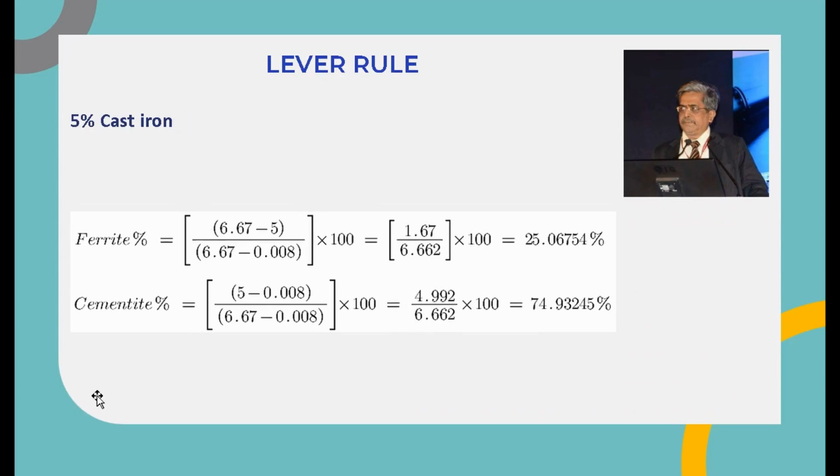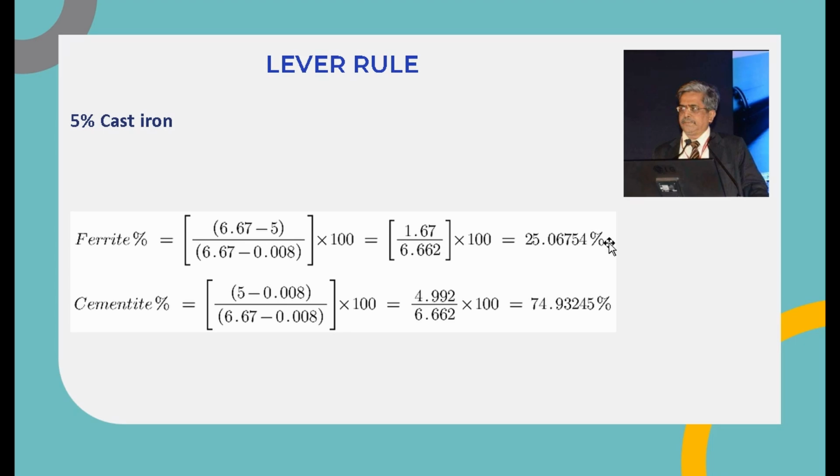You see here, ferrite percentage is equal to 6.67 minus 5, the branch opposite to ferrite but touching cementite, and there is an imaginary line at 5. So the branch opposite to ferrite is 6.67 minus 5, divided by the total distance 6.67 minus 0.008, into 100 is the percentage.